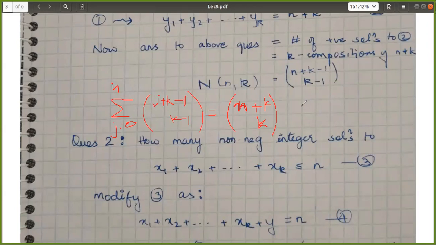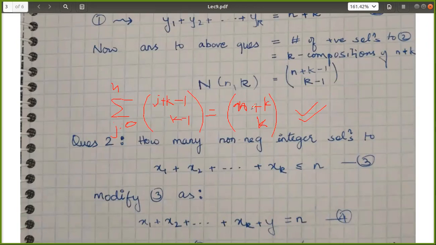So this is what you have proved. This was a combinatorial identity and we have proved it. How did we prove it? We actually gave a combinatorial proof for this. And why am I saying this is combinatorial? Because I came to this particular answer in two different ways.